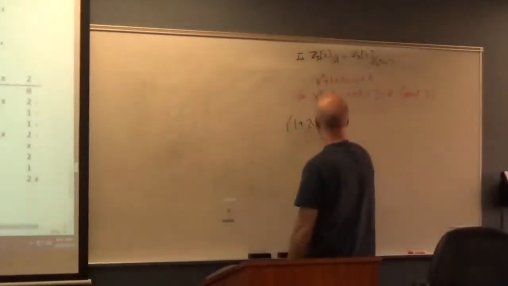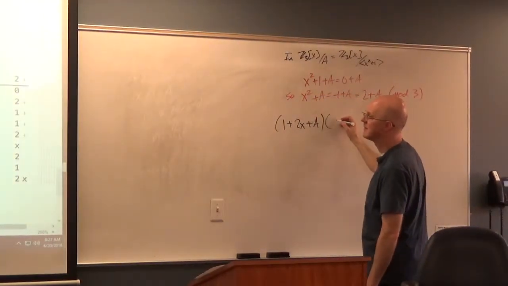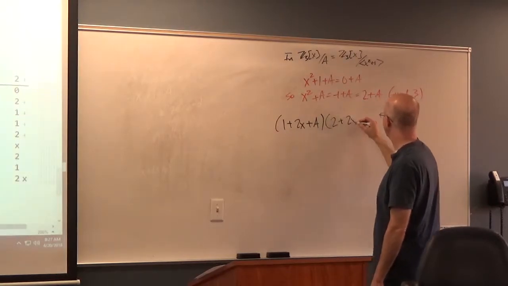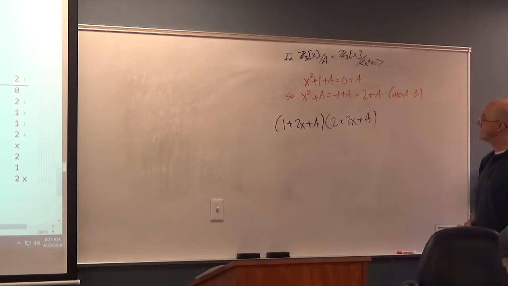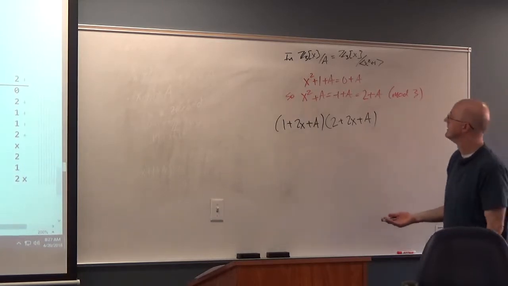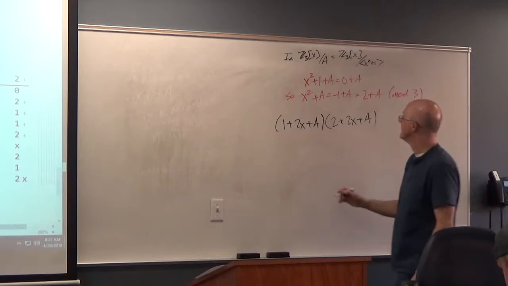I guess I'm now writing like Mathematica does, from lowest degree to highest degree. It doesn't matter. This should give us the multiplicative identity, 1 plus A, not 0 plus A, because then these would be zero divisors.